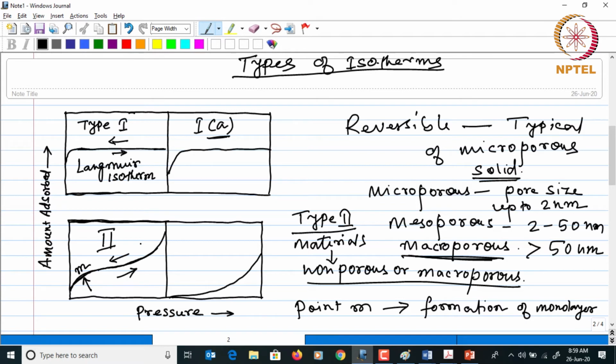The next one that you see over here is type 3. This kind of isotherm, the type 3 isotherm, is formed when the interaction between the adsorbent and the adsorbate is weak.